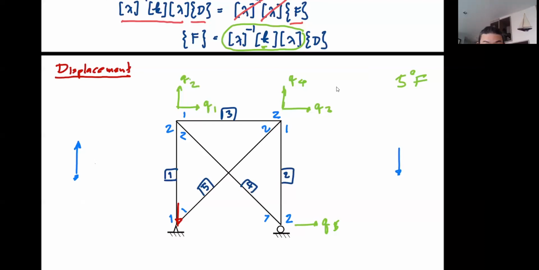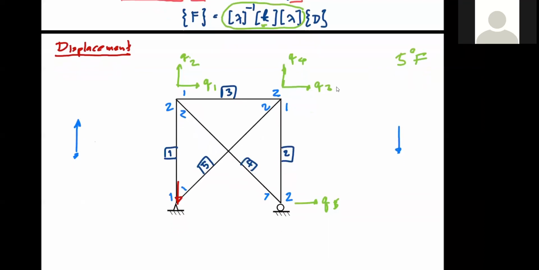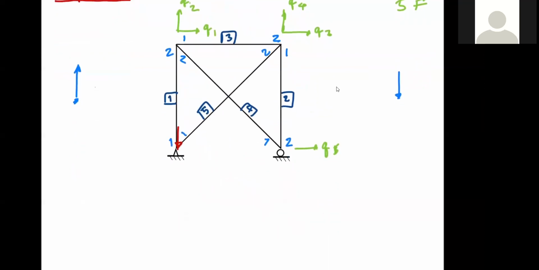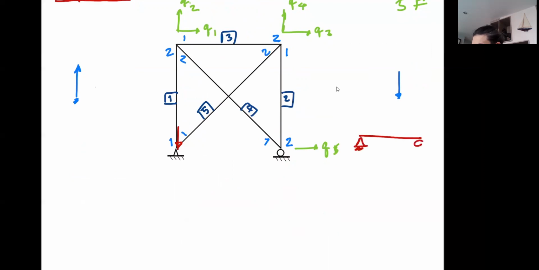If I apply the force to the support, what's going to happen? Okay. Support. Anyone? You want beam? If I apply the force here, what's going to happen?